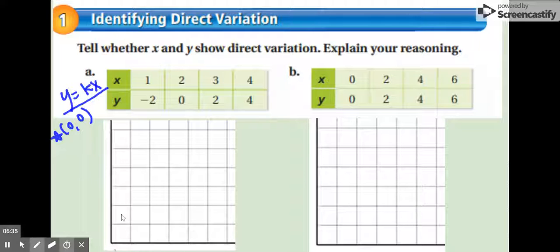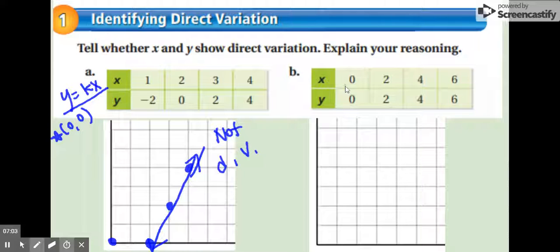Oh, there's no negative, so I'm going to just skip it. 2, 0, 3, 2, and 4, 4. We already know that this is not going to pass through the origin, right? Because the origin is right here. So it's not going to pass through the origin, so it's not direct variation.